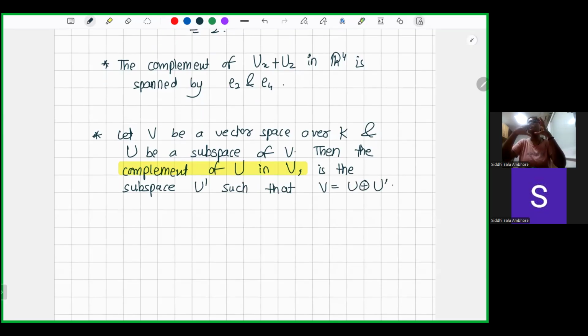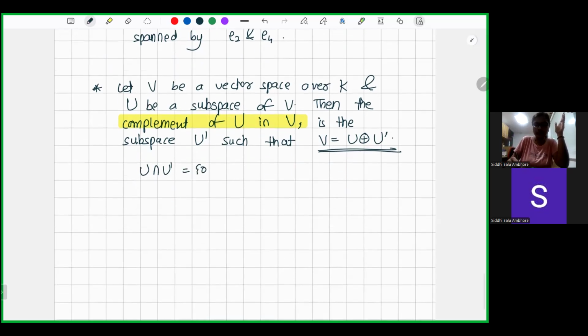Okay, so U intersection U' will be, since V is a direct sum of U and U', only the zero element. Okay, so this is what this complement of U in V means.